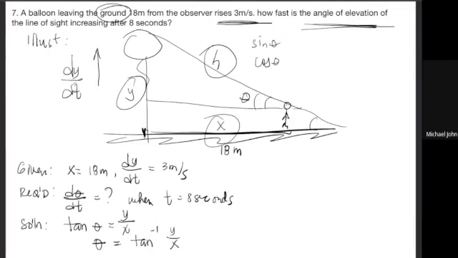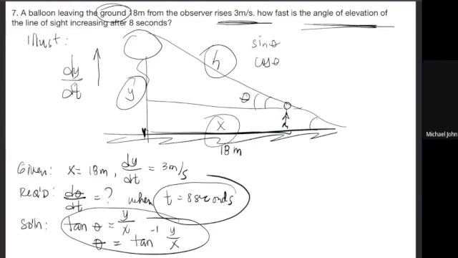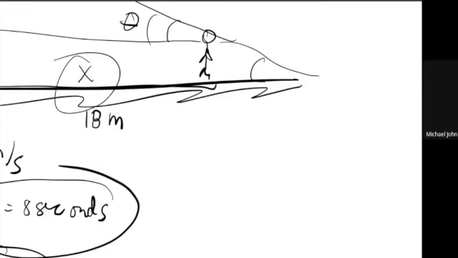Theta is also unknown, but we are given that after 8 seconds, we have 3 meters per second. So after 8 seconds, what is the height? 24. You should have that kind of analysis.